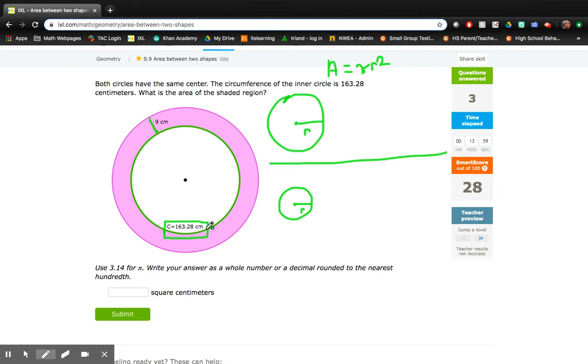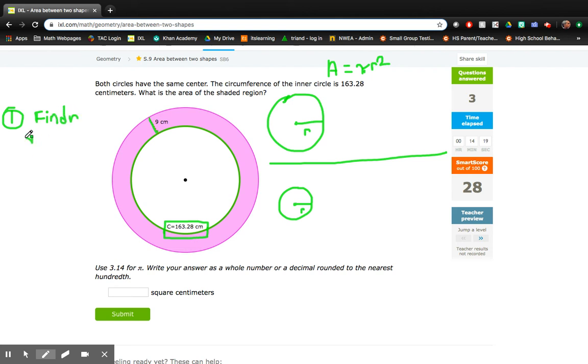So in a problem like this, where I'm given circumference, the very first thing I have to do is find the radius using that circumference. So I need to find that little r of the inside circle.